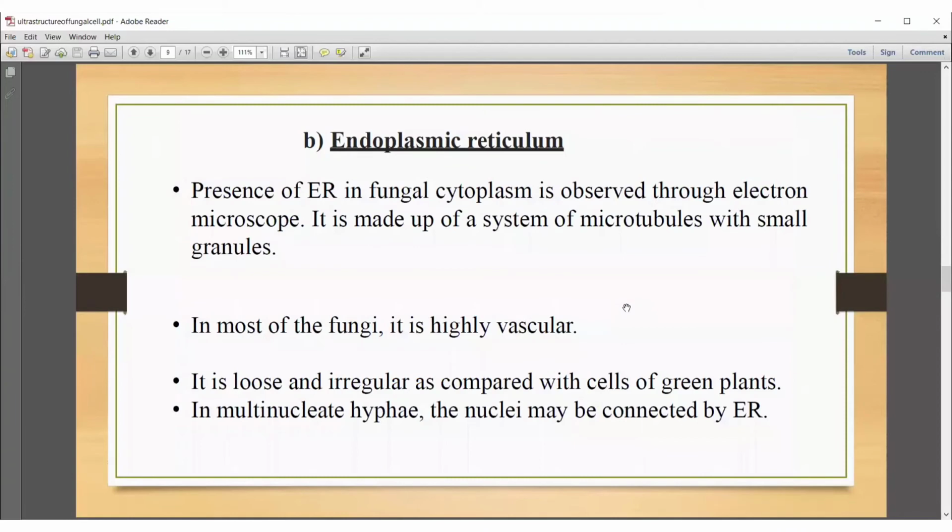Second organelle is endoplasmic reticulum. ER. In short form we call it ER.